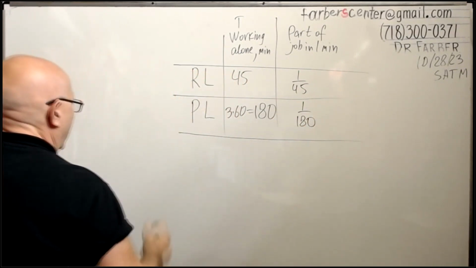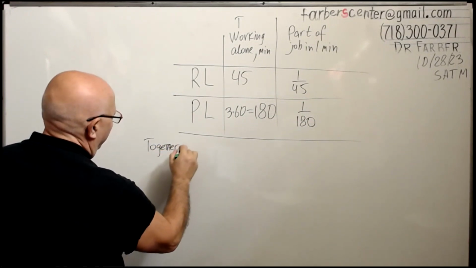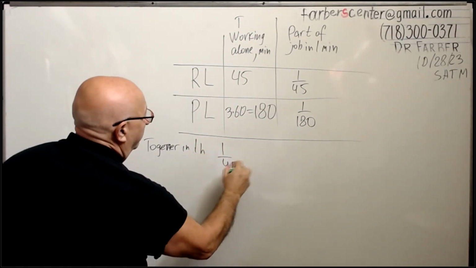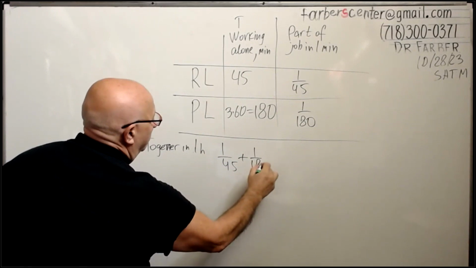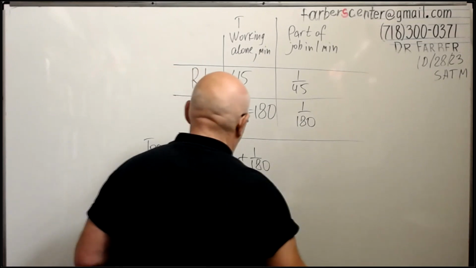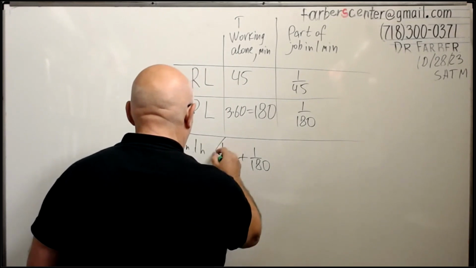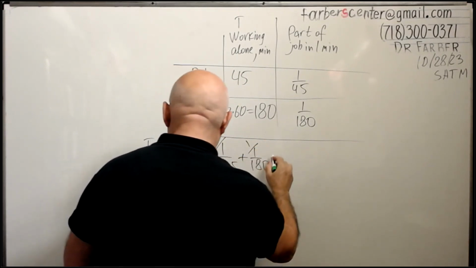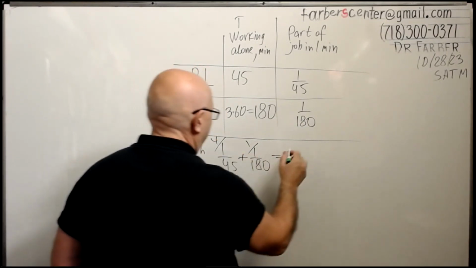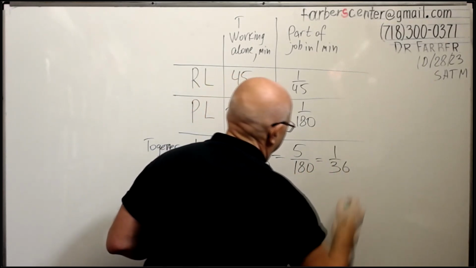Together in 1 minute: 1 over 45 plus 1 over 180. The LCD, this would be 180. We have to have this 4, and this is 1. 4 plus 1 is 5, over 180 is 1 over 36.